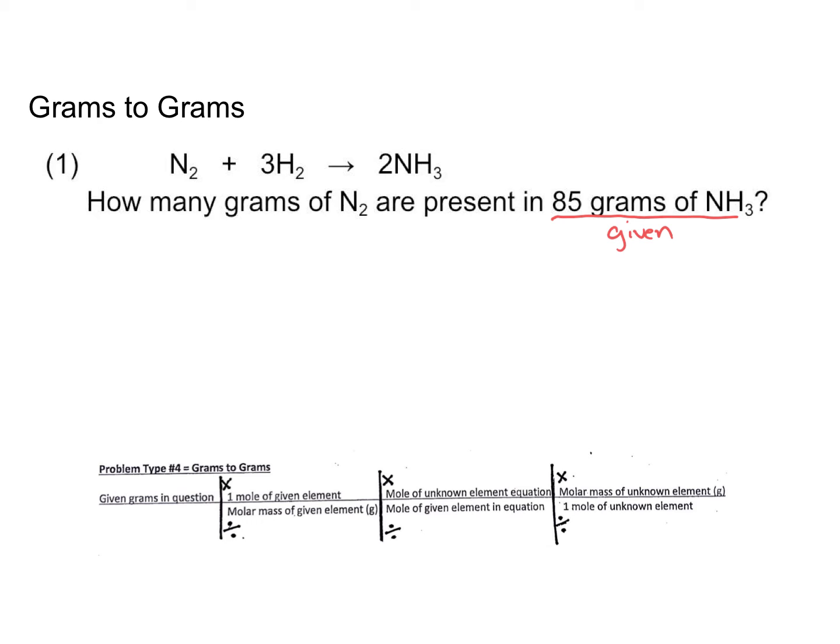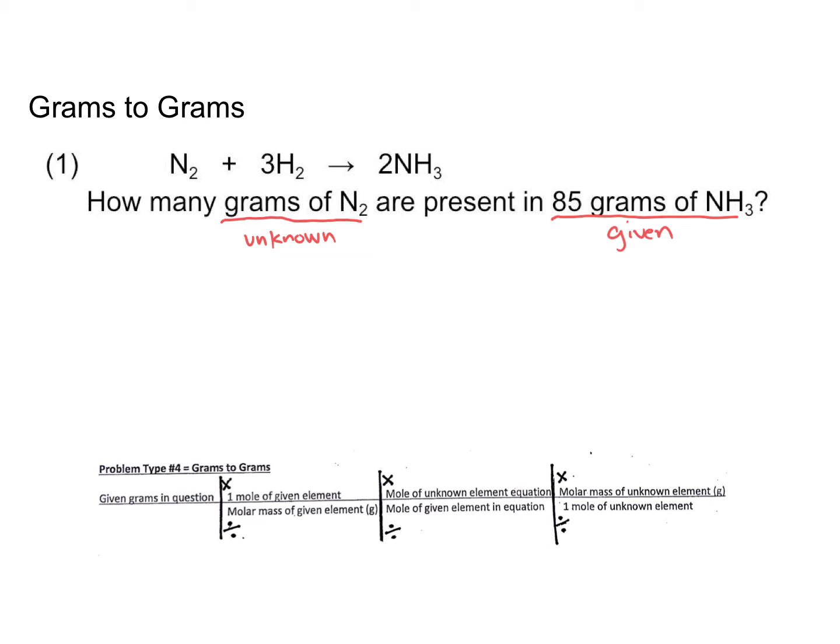And then that means the other unit that you see, grams of N2, is my unknown. We know this by the fact that it says how many, because it's asking about it. So I have my given and my unknown. If you look at that, I'm starting with grams and I'm going to grams. So I'm going grams to grams. So yes, that is a type 4 problem.